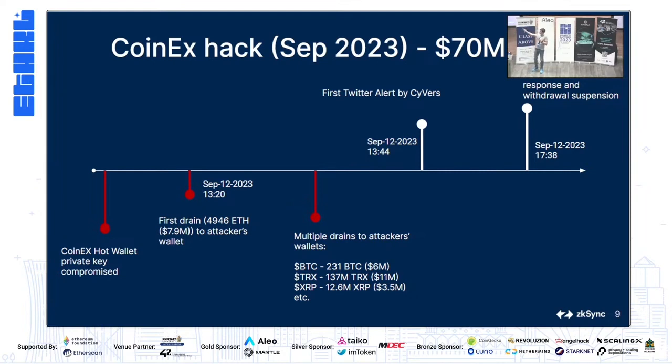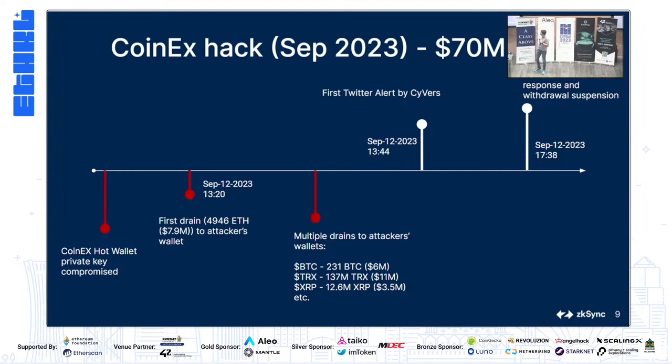Basically, this drain was very large, and if the company had a monitoring system in place, it would have been alerted. But nothing was implemented. Then the hacker made different withdrawals using other cryptocurrencies, like BTC, Tron, and Ripple, and those transactions were also quite high.